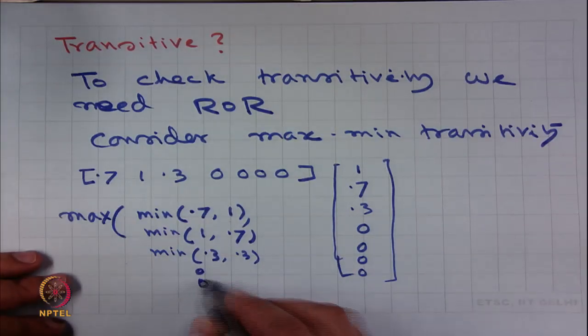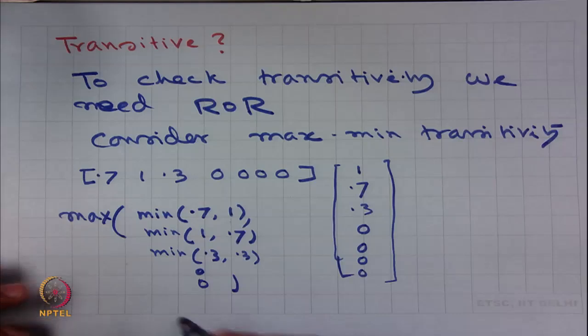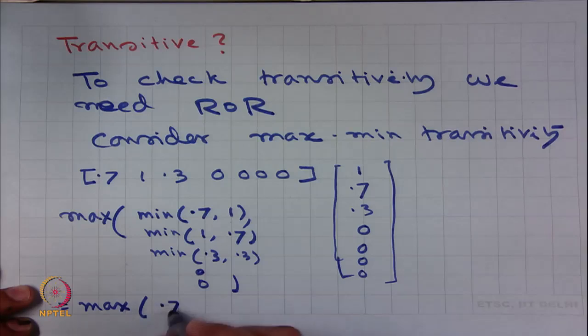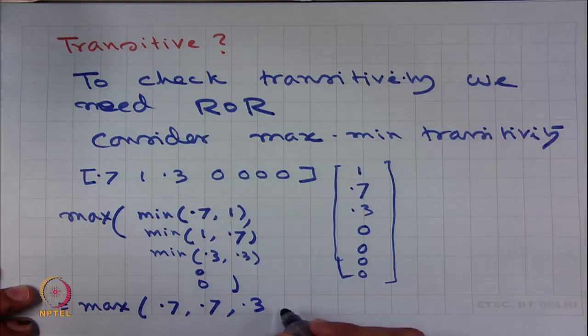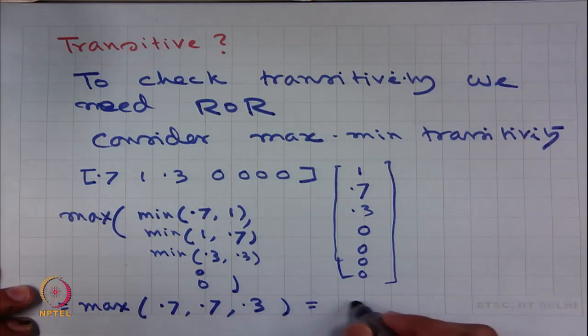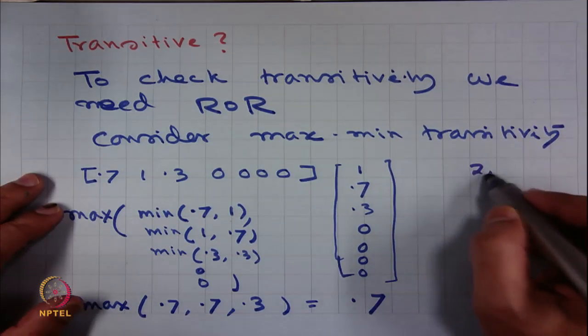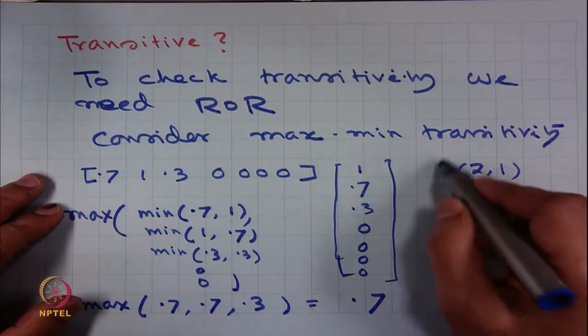So, I am not going much into the detail, this is equal to the maximum of 0.7, 0.7 and 0.3, which is equal to 0.7. So, this was the 2 1 element of R.